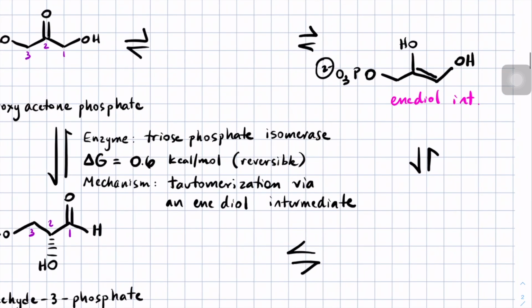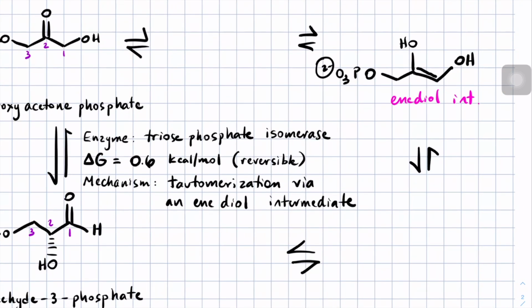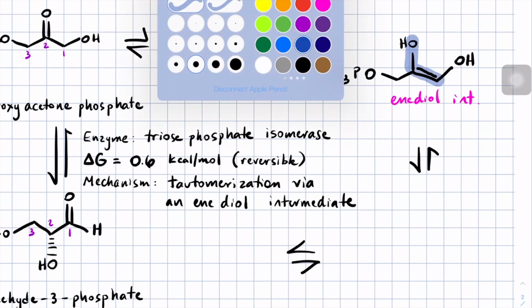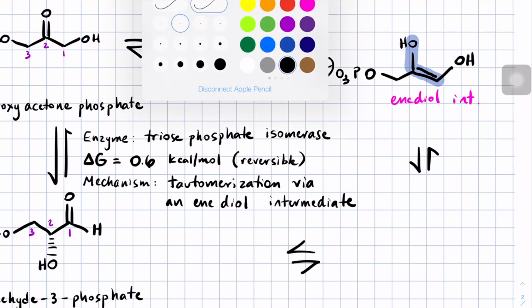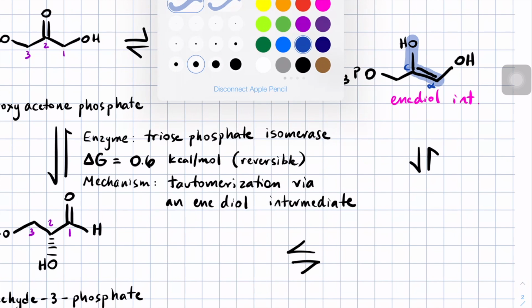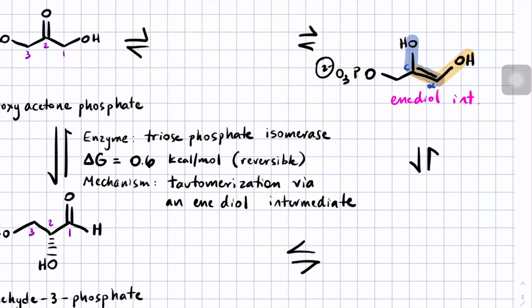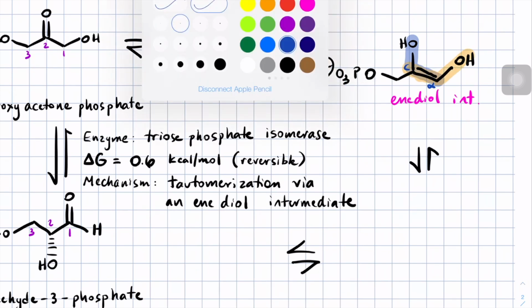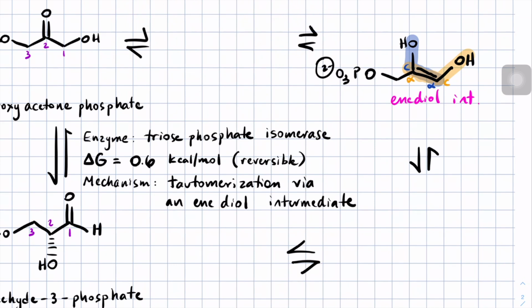But again, the key feature here is that you have one enol here with its carbonyl carbon and alpha carbon, and then you have another enol here with its carbonyl carbon and alpha carbon.